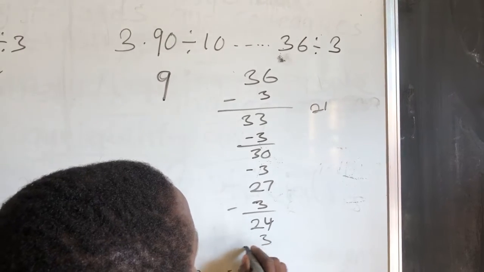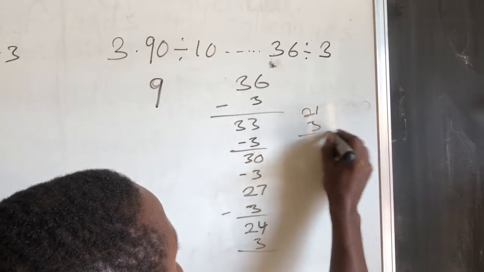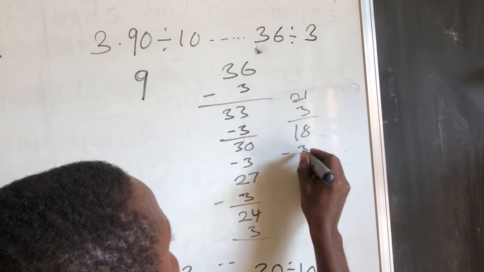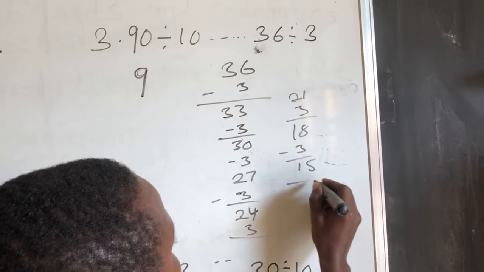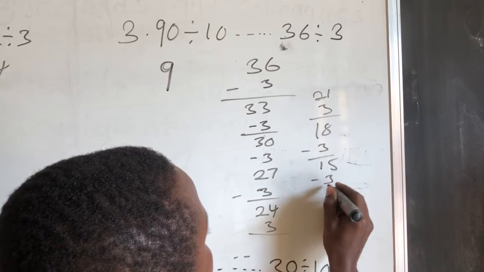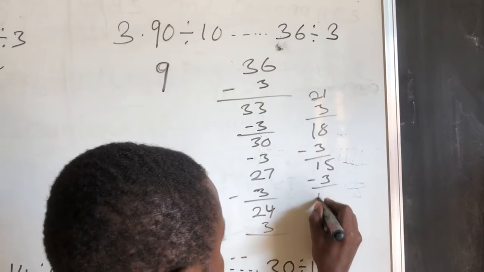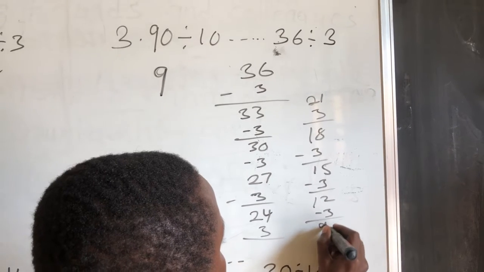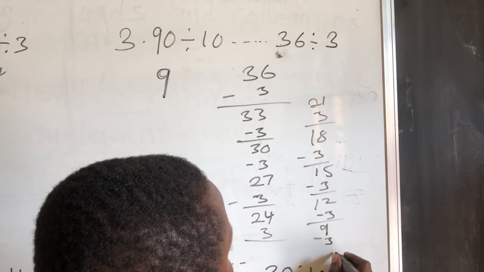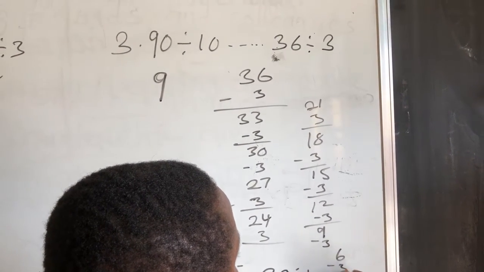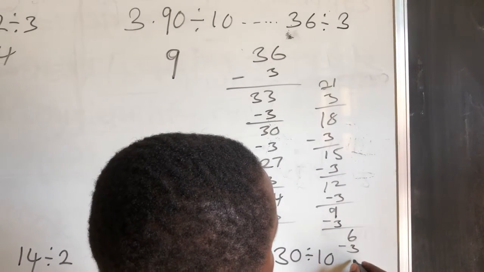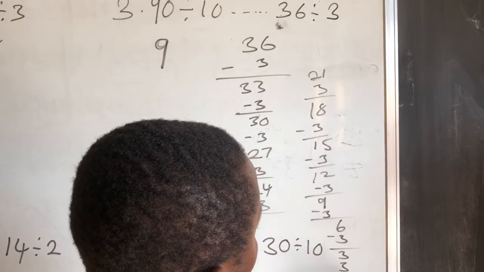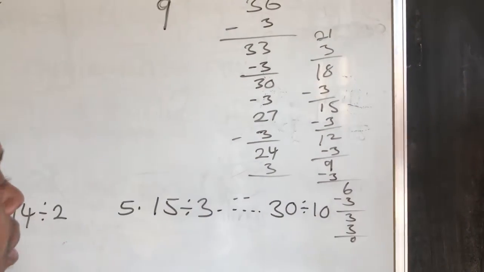Then 21 minus 3 will give us 18, minus 3 will give us 15, minus 3 will give us 12. 12 minus 3 will give us 9, minus 3 to give us 6, minus 3 to give us 3, 3 minus 3, which will give us 0. Okay, very good.